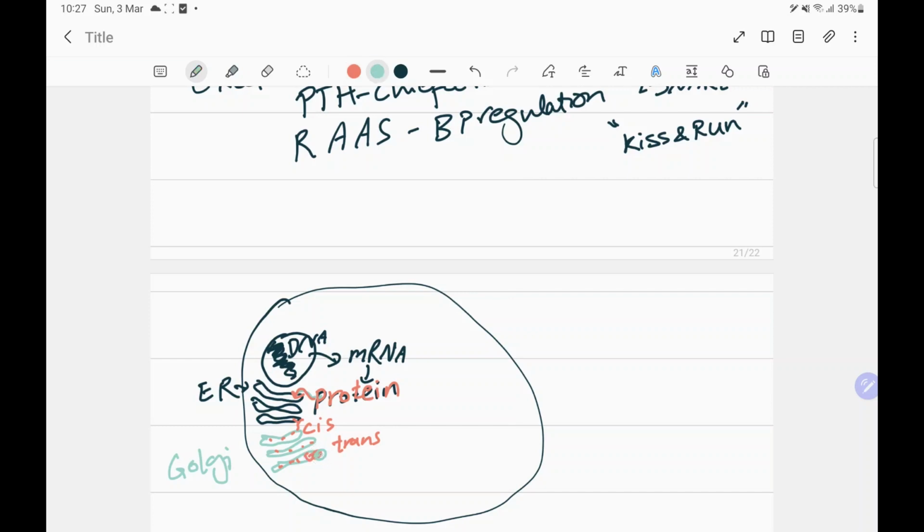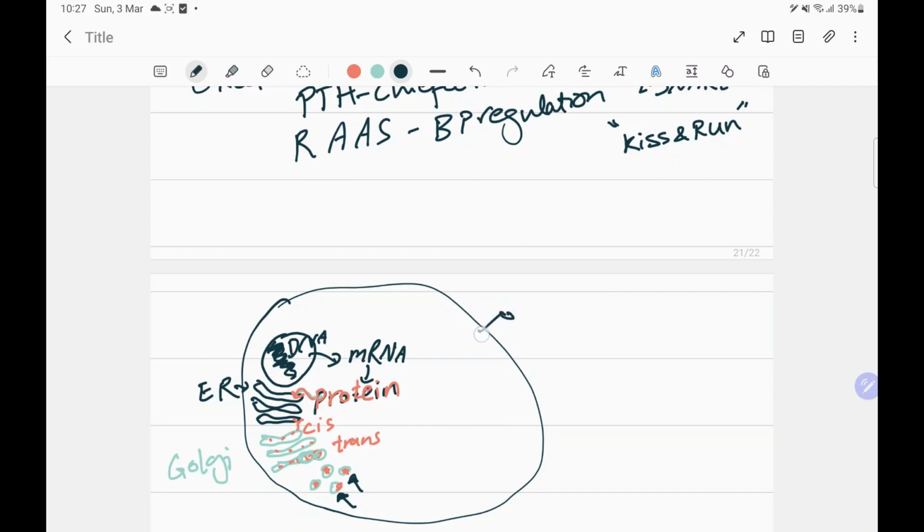So we get little vesicles budding out, containing that substance which has to be secreted. Not just endocrine stuff, anything that has to be secreted. So now they are existing in these vesicles that you could see. These have the thing that has to be secreted.